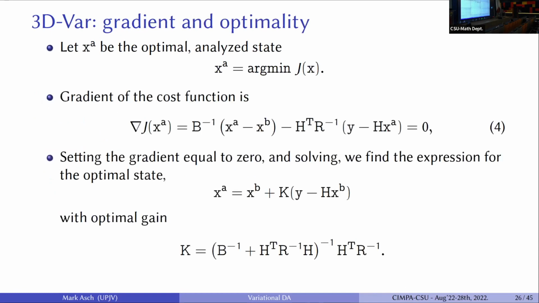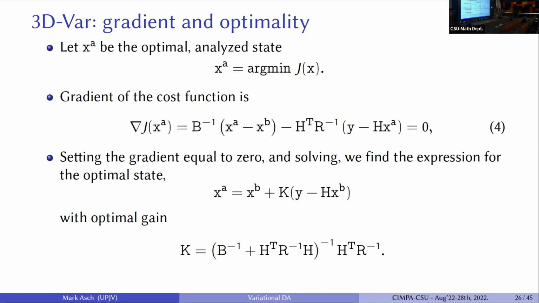Okay, so just very quickly, I'll show you how you obtain the optimal update in this case. And it's very simple. It's classical functional optimization, which is just a generalization of optimization of a function f of x. So we suppose that the analyzed state, if you remember, the analyzed state is going to be an optimal interpolation of some sort between where the background projects us, where the initial data projects us, and to where the observation comes, and we want to do something intelligent between the two, right?